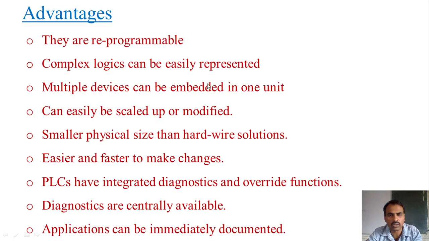With a single unit you can control multiple devices. A PLC can be easily scaled up or modified. If you want to move the PLC from one location to another, you can easily shift it, or modify things easily.